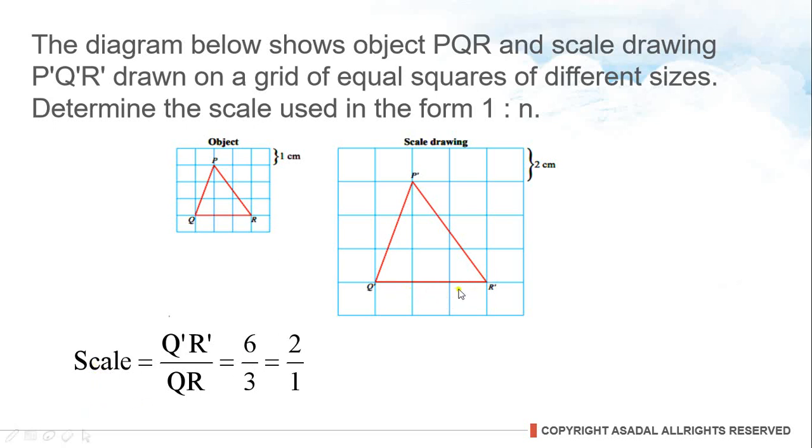So this is 3 units times 2, so 6 over 3 units. So 2 over 1, same as just now. The question wants you to give your answer in the form of 1:n. So you have to divide by 2 on both sides. Thus the answer is 1:1/2.